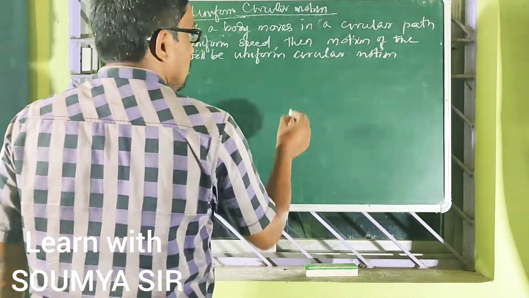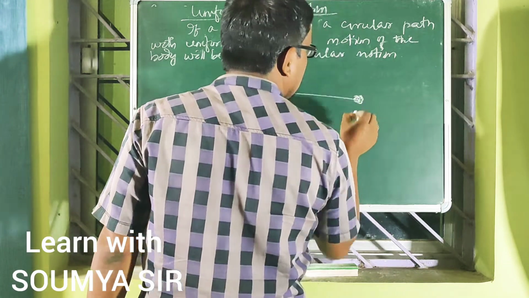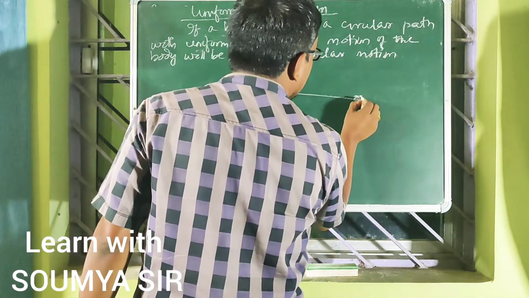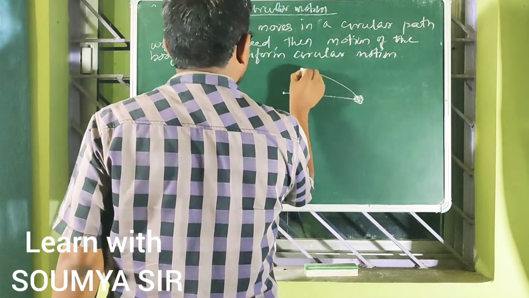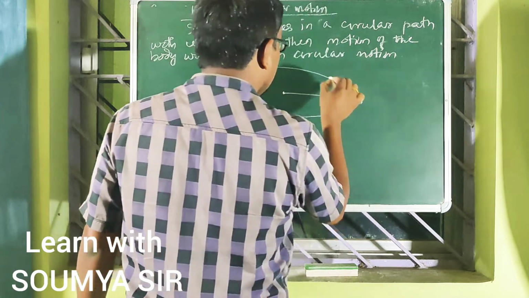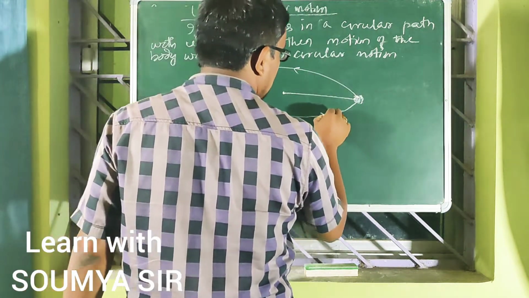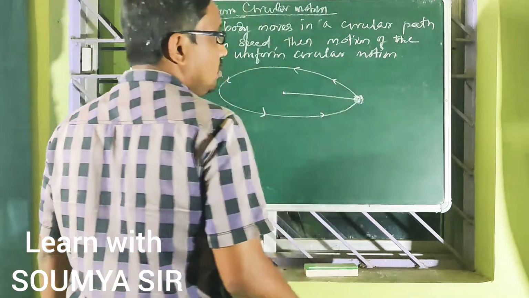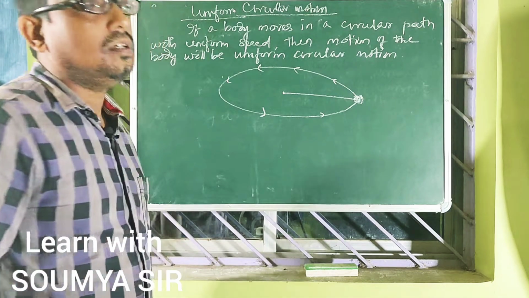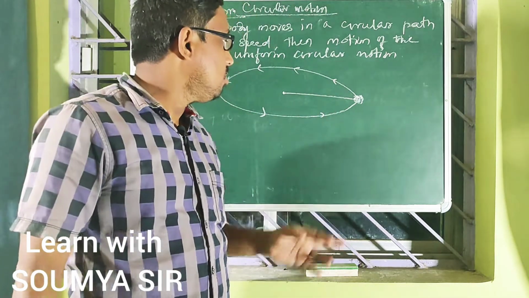Let's take an example. I will take a thread and tie a stone to the thread, and make the stone rotate. The stone will move in a circular path. Clear? Why does the stone move like this?